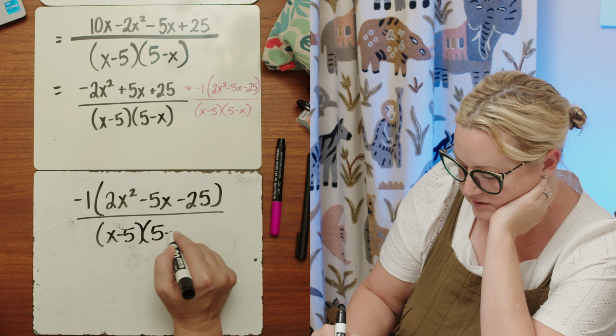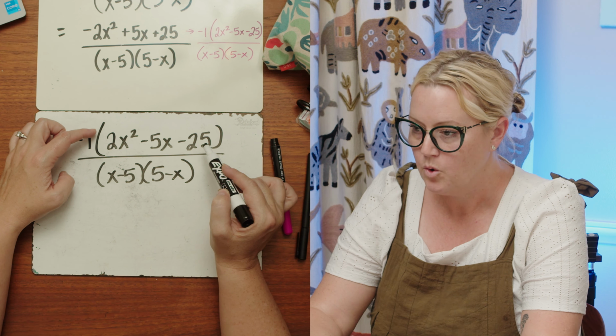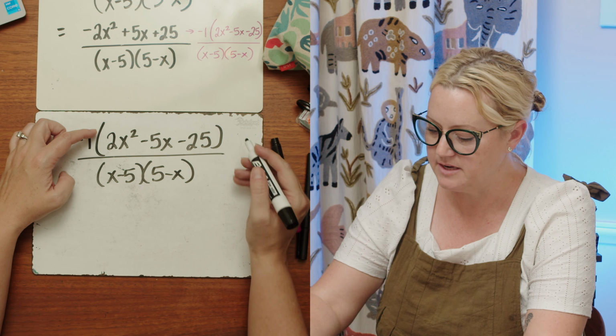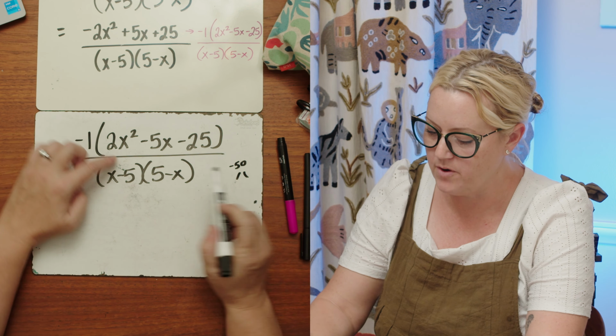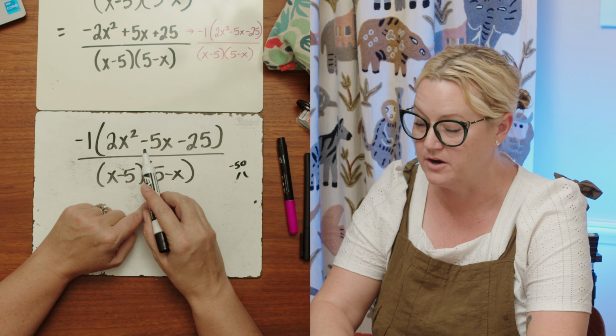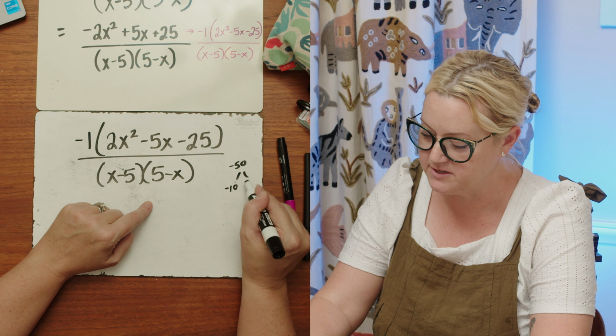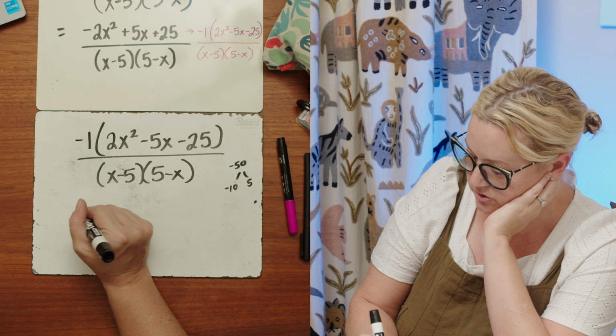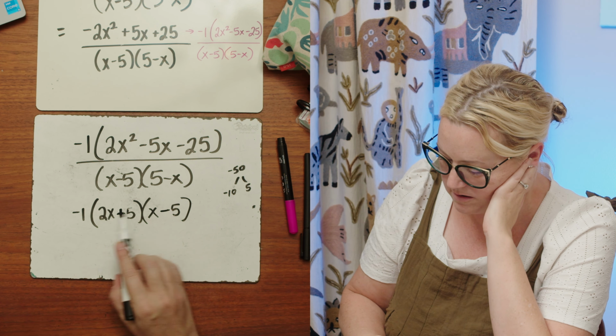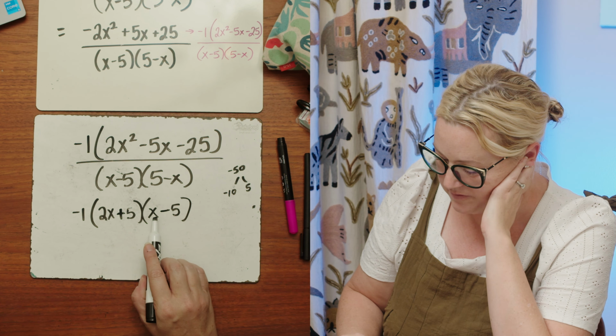I've got 2 times negative 25, which is negative 50, and then I can break that up into factors that add to negative 5. That's going to be negative 10 and positive 5. So it's going to be 2x plus 5, because it's 2x squared minus 10x plus 5x minus 25. That's going to give us that, over x minus 5 times 5 minus x.